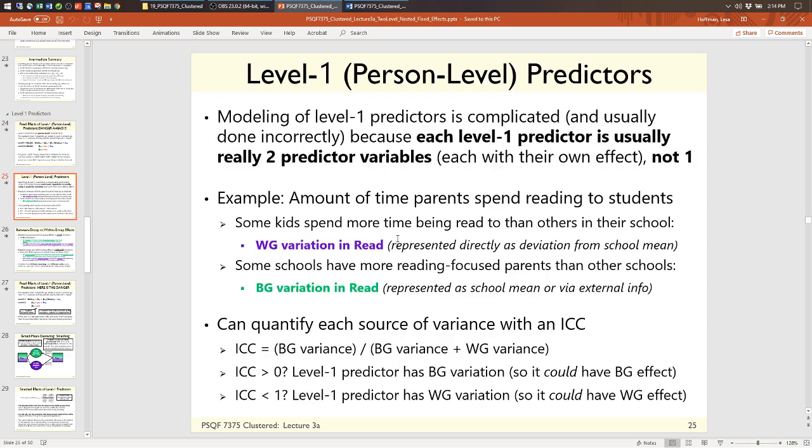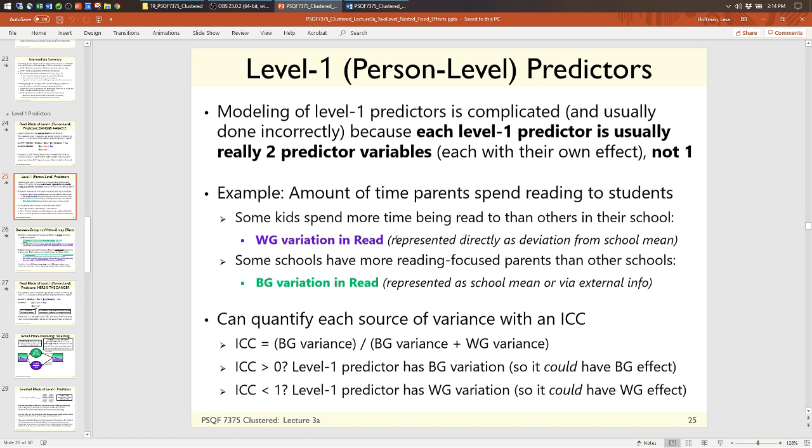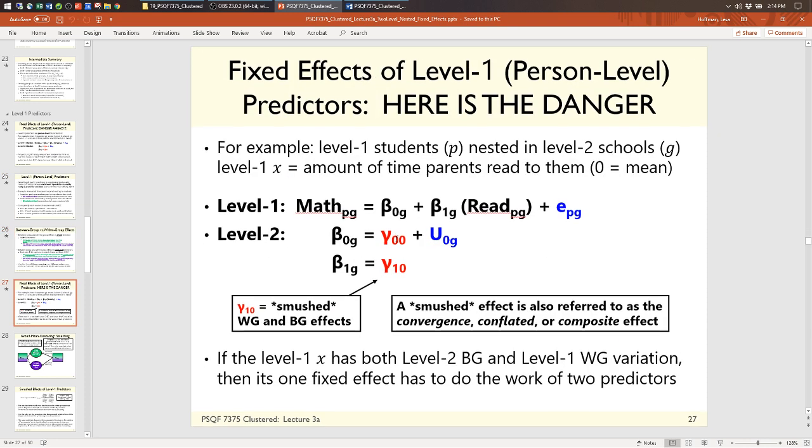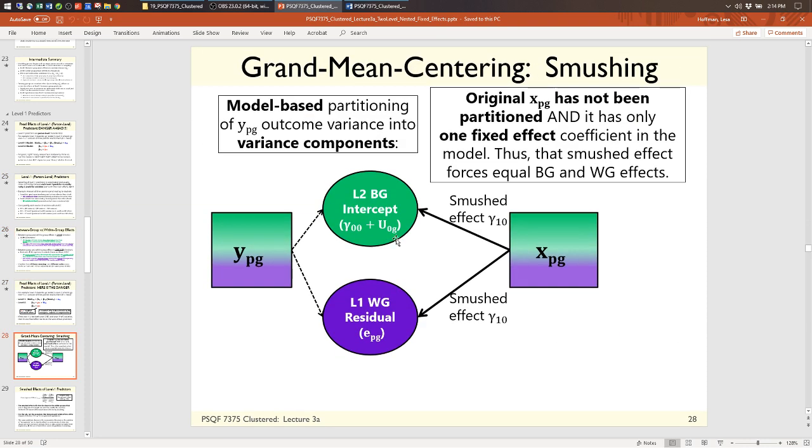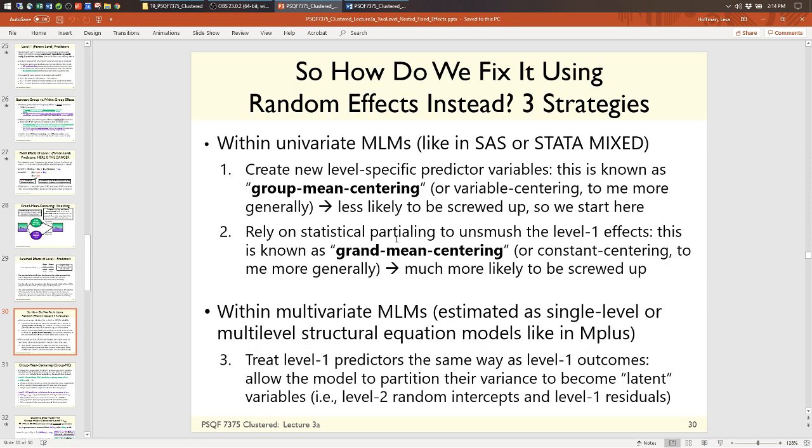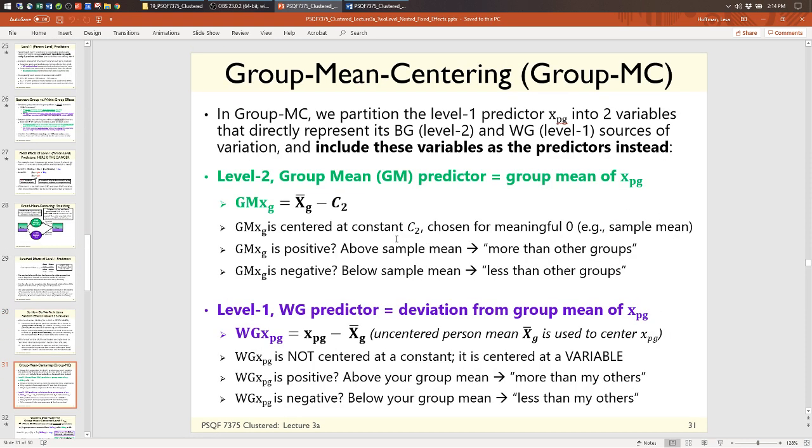So we talked about one method of how to fix it, which is to do group mean centering, which looks like this. We take our original predictor variable at level 1 and we create 2 new predictors out of it. The level 1 variable is your original level 1 predictor minus the group's mean.